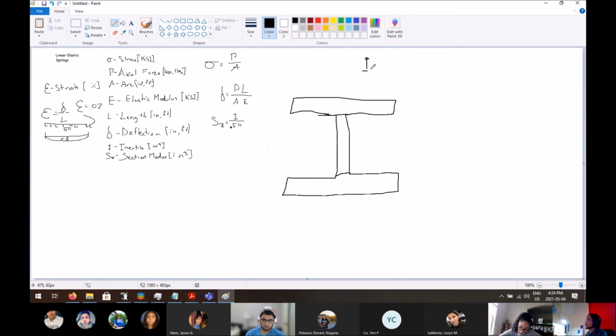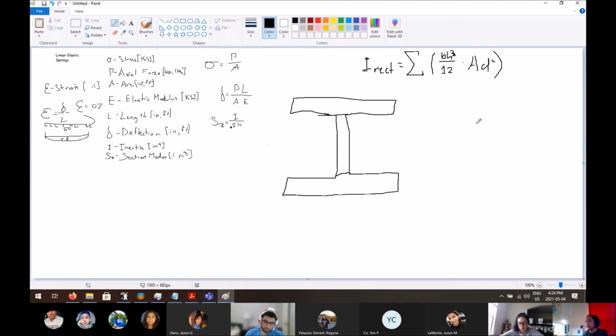So the inertia of a group of rectangles is equal to the summation of base times the height cubed over 12, plus area times d squared, right?